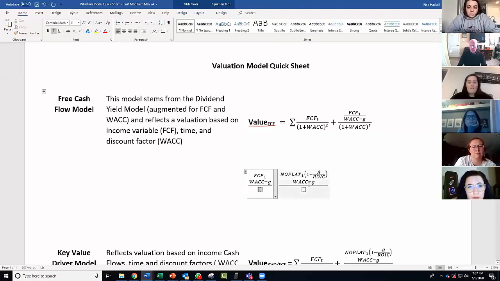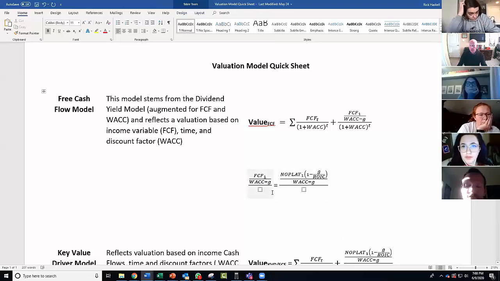And I now have a new fractional equation that once again shares the same denominators. I'm going to multiply both sides of each of these equations by WACC minus g. And when I do that, Andrew, what happens? If I'm going to multiply both sides of both of these equations, I got an equal sign in the middle here.